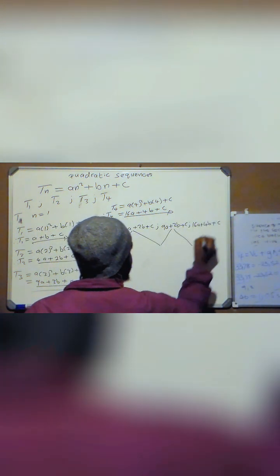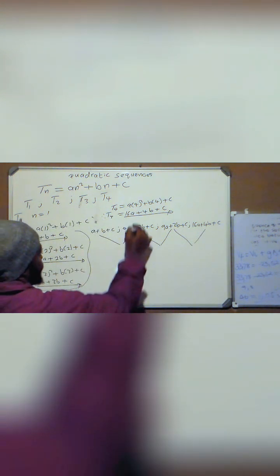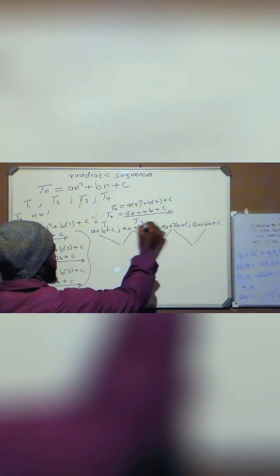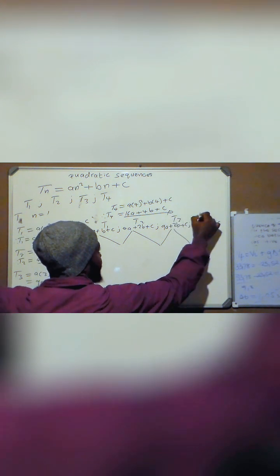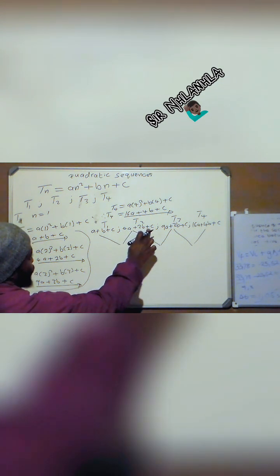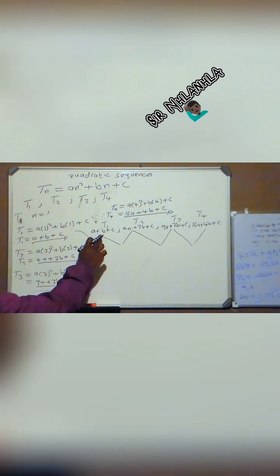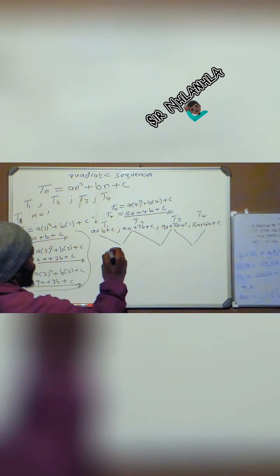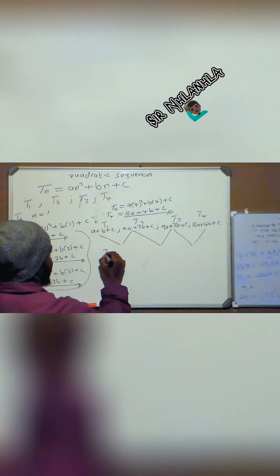So the first difference here would be, this is term number 1, term number 2, term number 3, and the fourth term. So it will be T2 minus T1. So that's going to be 4a plus 2b plus c minus (a plus b plus c). So here we would be having 3a plus b.